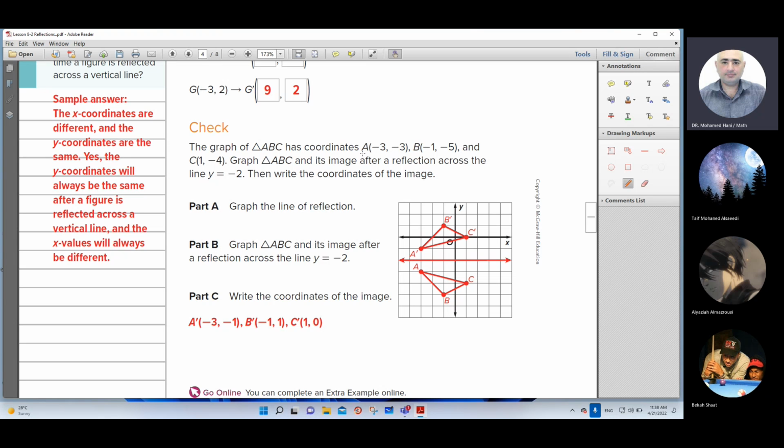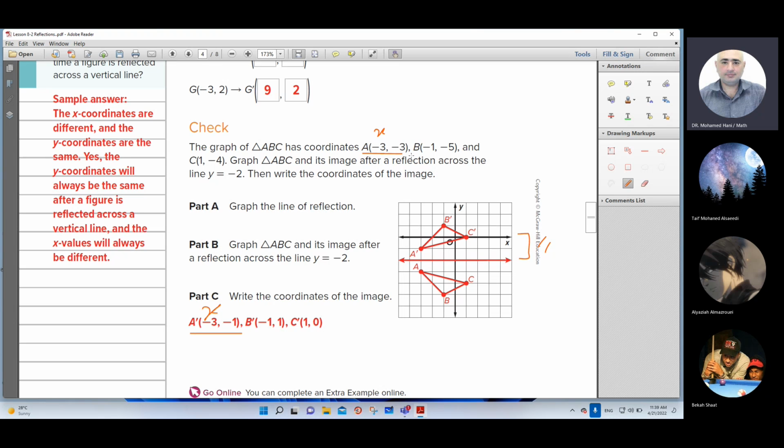Comparing A and A prime, the x here is -3 and the x here is -3, so we have the same x because the line is parallel with the x-axis. And here y is -1, here y is -3, so we have different y.